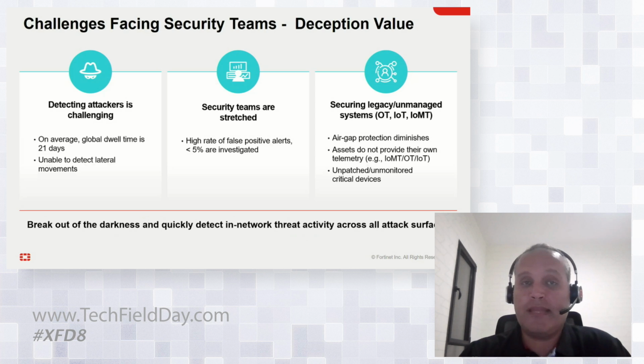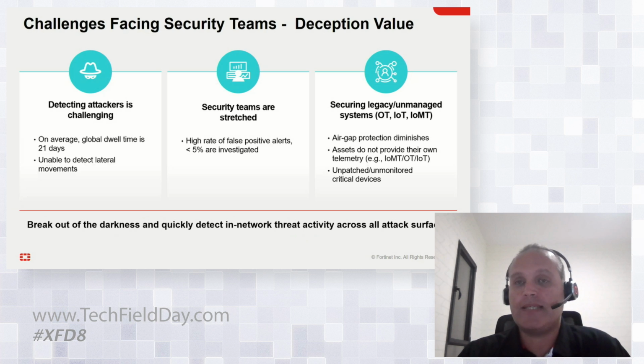Every year it's a different number. We start with 200 days, go down to 20, but the reality is different. When you open the news, you get a report on a breach, the company runs an investigation, and 3 weeks after, you get the announcement that yes, we had a breach, and the attacker stayed for a long time. So detecting the attacker is challenging, mainly the time to detect.